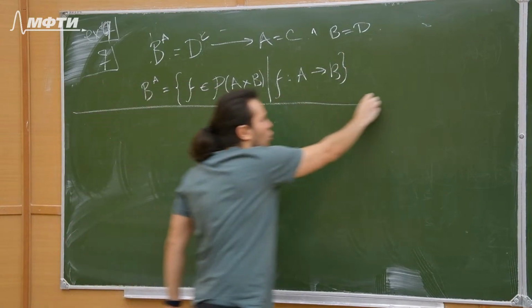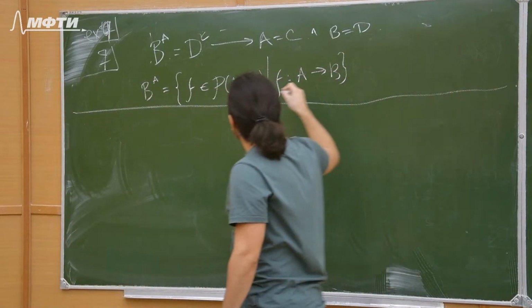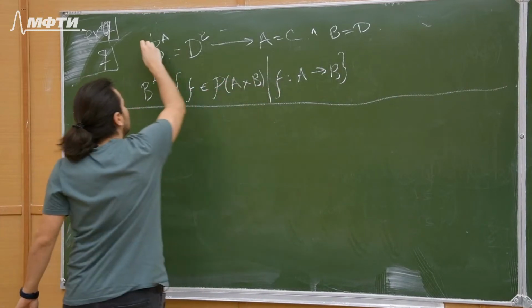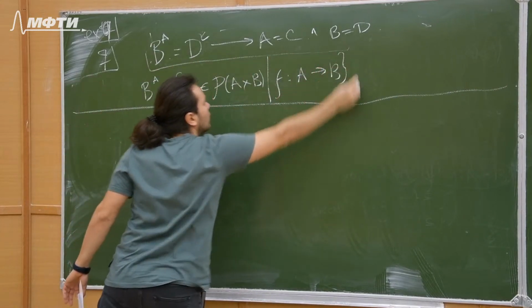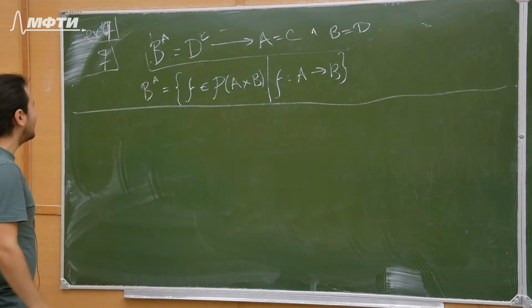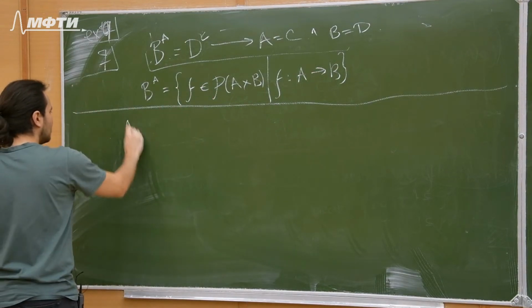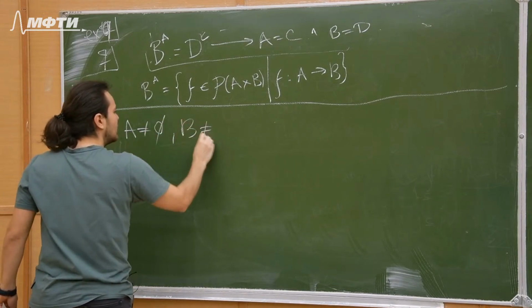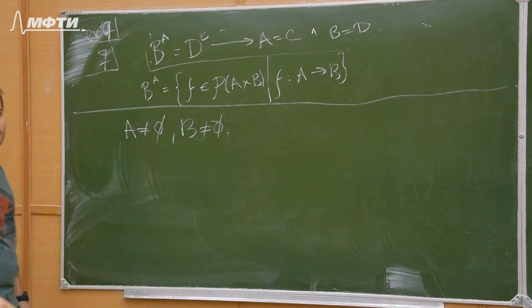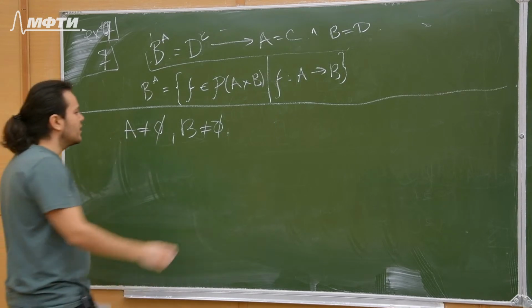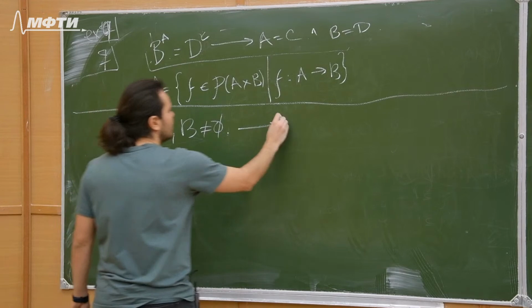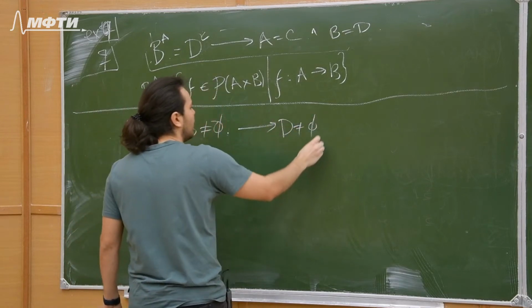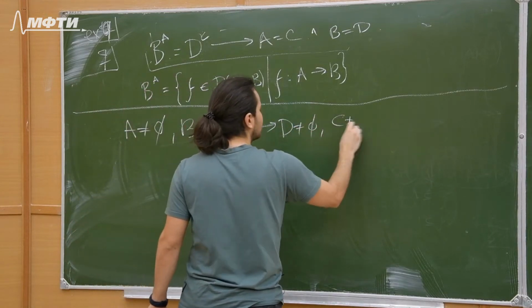And now we have to show in which case this implication holds. Well, all we need here is that A is not empty and B is not empty as well. Why? If A is not empty and B is not empty, then D is not empty and C is not empty, right?